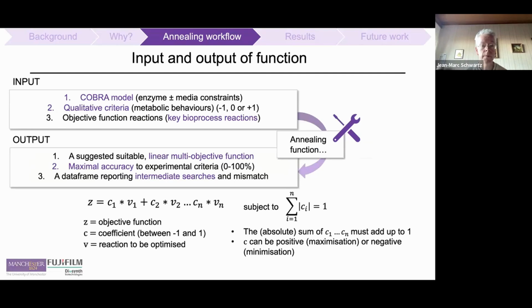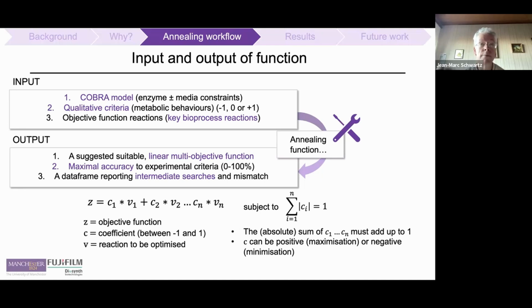The way our algorithm works is that the user will need a COBRA model or a genome-scale metabolic model, which can have some enzyme or media constraints. And then importantly, we chose to base it on qualitative criteria, because again, the idea is to make it practical and easy to use.